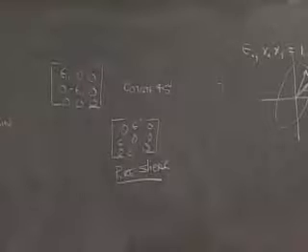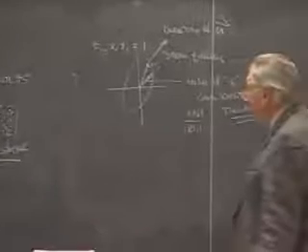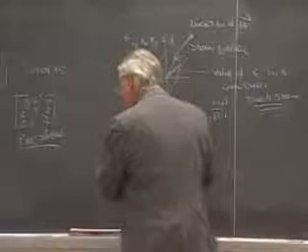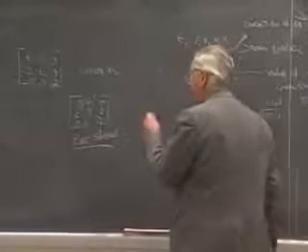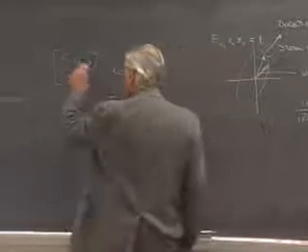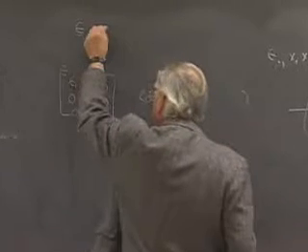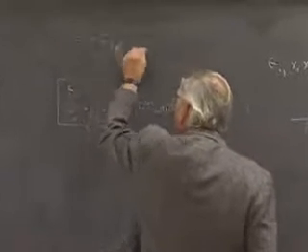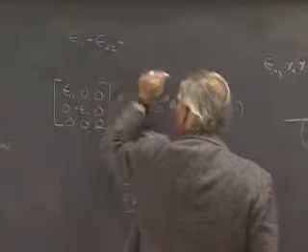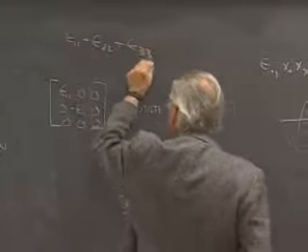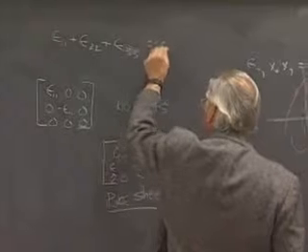Something that we'll show shortly, and in fact I left it to you as a problem on a problem set. The sum of the diagonal elements, epsilon 1,1 plus epsilon 2,2 plus epsilon 3,3, is defined as the trace of the tensor.